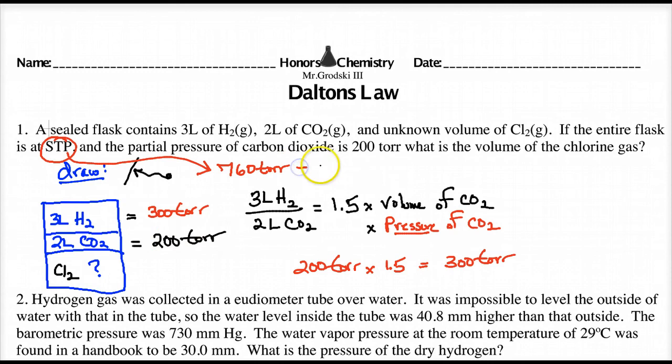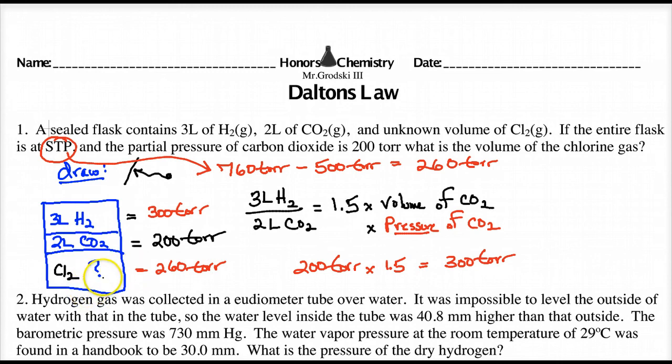So 760 minus 500 torr, okay, gives me 260 torr. And now I know that this is 260 torr. Now that's not what they asked for. They want the volume.